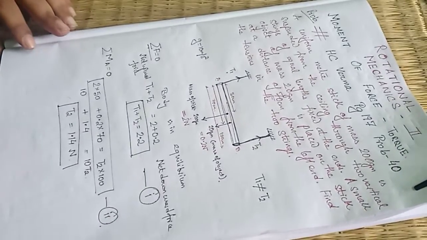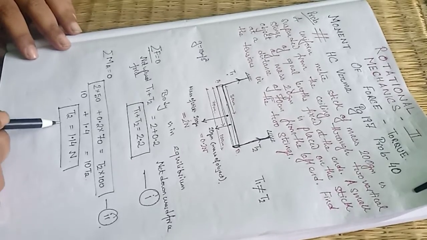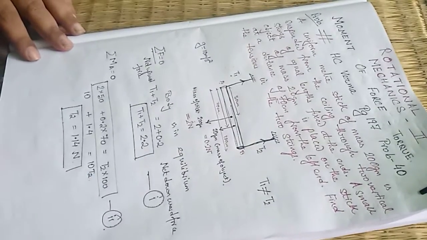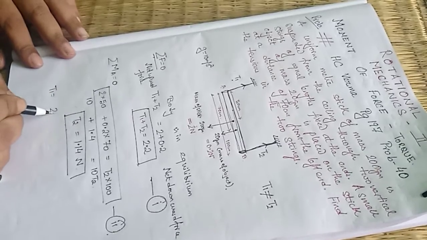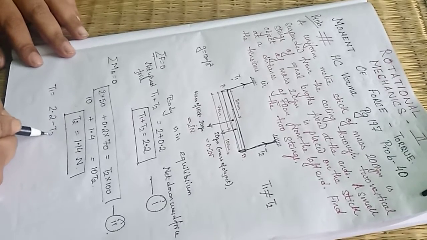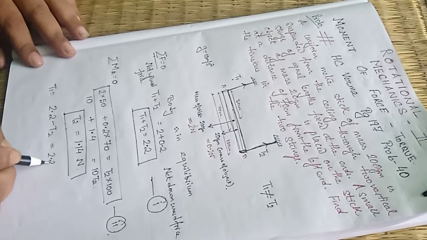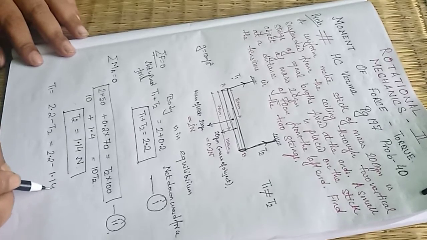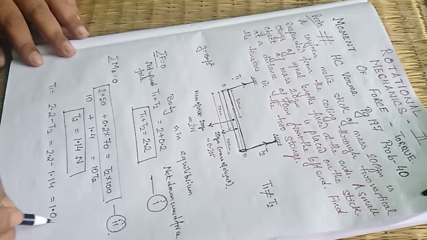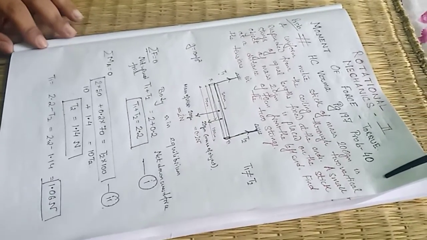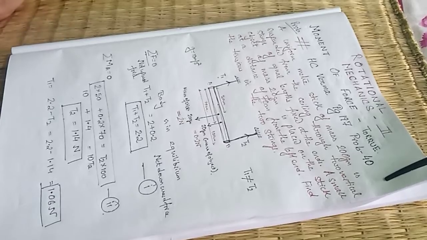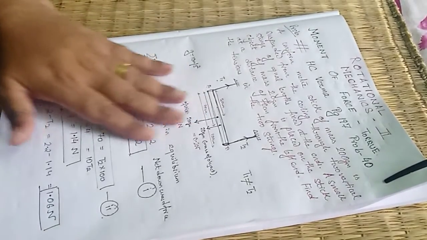Now putting this value in equation 1, we can simply get T1 as 2.2 minus T2, that is 2.2 minus 1.14 equals 1.06 Newton. So these are the two results that we have got for this problem.